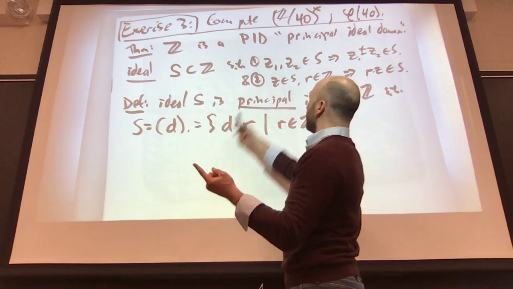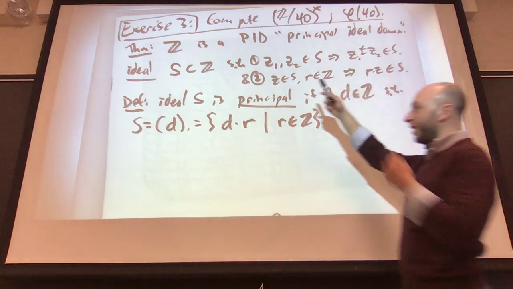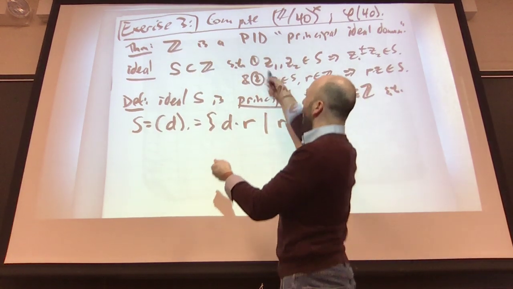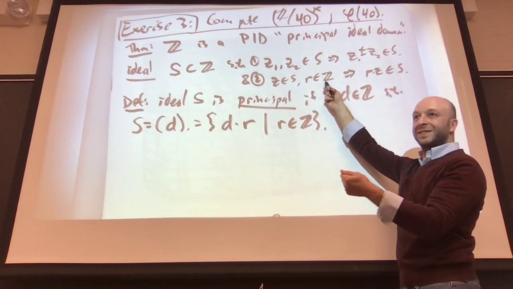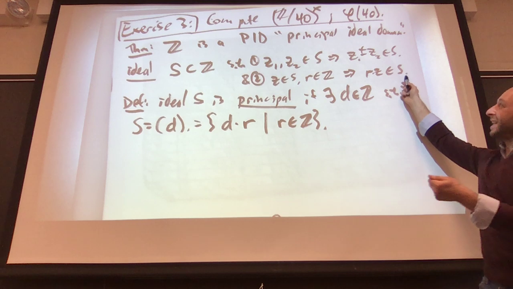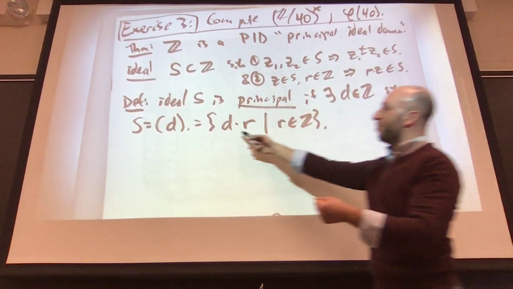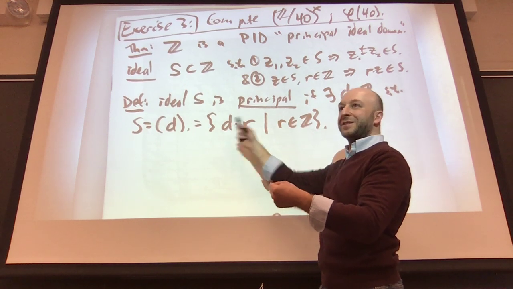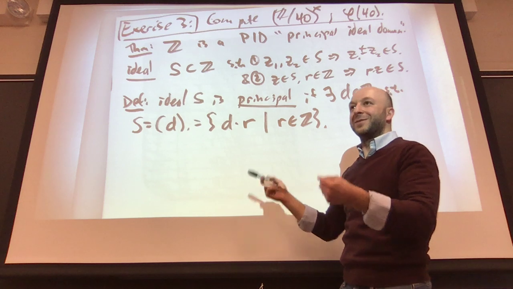All you do is, what are you allowed to do? You're allowed to add and subtract things that are there. So you give me D, and then I do all of these operations to D. So I take D and I take all multiples of D. That has to go in our set. And then we're automatically closed under addition and subtraction because multiples of D added and subtracted to one another are still multiples of D, just by other integers.